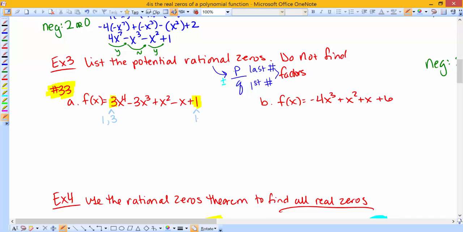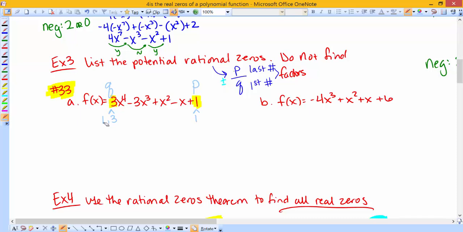Just 1. That makes this super nice. Your first value is your Q's. Your last value are your P's. So when you're finding the rational zeros, it is your P's over Q's, and they're always plus or minus because I don't know if they're going to be positive or negative yet. That's what I check for.